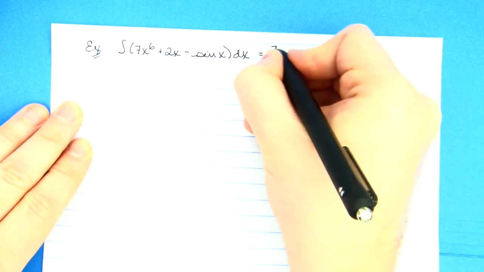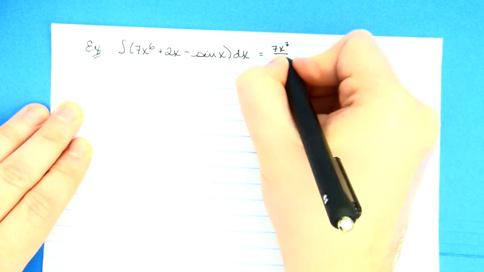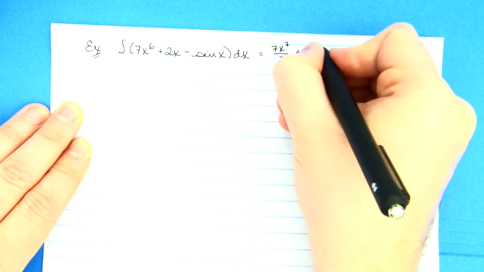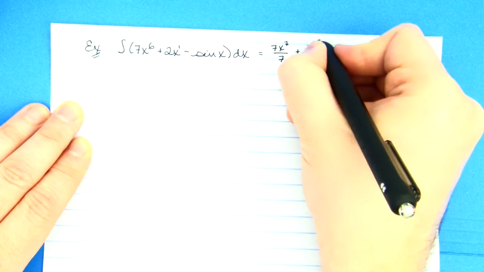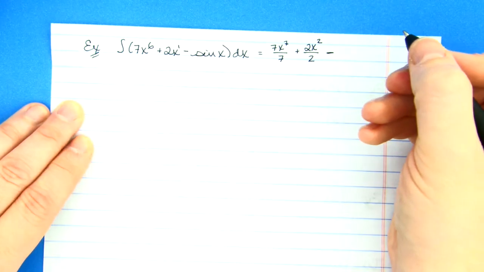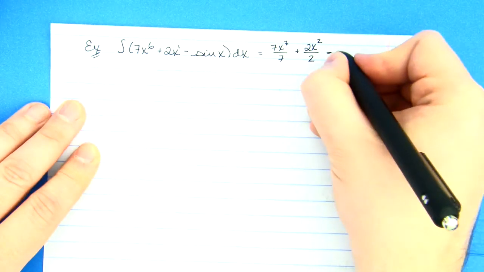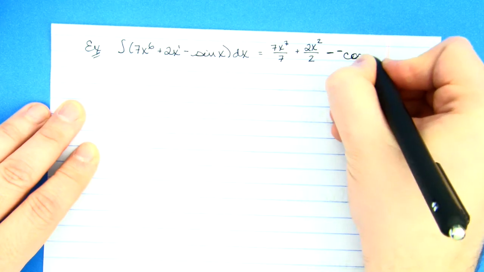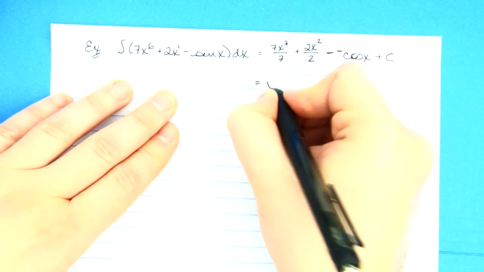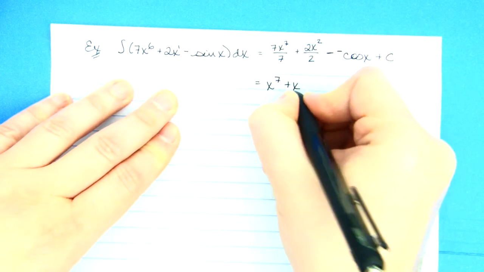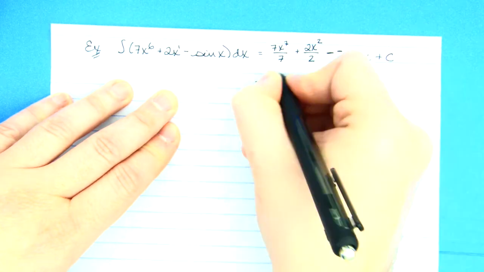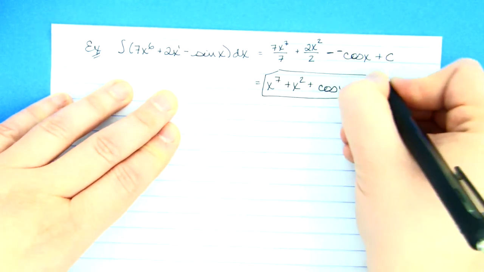Okay, so this is 7x to the 7th divided by 7, add 1 to the power, divide by the new power, plus 2x, that was x to the first, I'm going to add 1 to the power, 2, divide by the new power, 2, minus the integral of sine x is negative cosine x, so I'm going to say minus negative cosine x plus a constant. And I can simplify this to x to the 7th plus x squared plus cosine x plus c. And there we go.